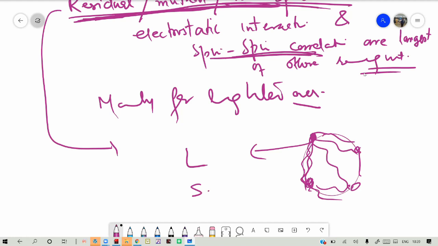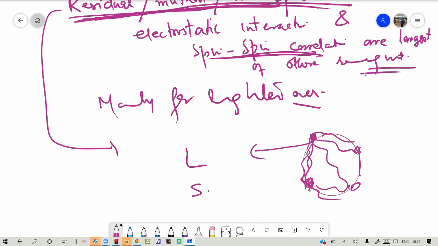This is important to understand for LS coupling, because in lighter atoms the spin-spin interactions and the mutual electrostatic interactions become significant compared to the kinetic energy and the nucleus-electron interaction. The nucleus and electron are at some large distance, and the nucleus is considered a heavy point mass.